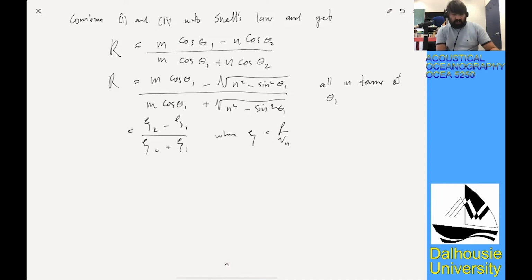Now, what happens at normal incidence? Well, obviously, we get some cosines going to 1 and some sines going to 0. We can actually simplify things even further. I'm going to write our m's and n's in terms of rhos and c's.